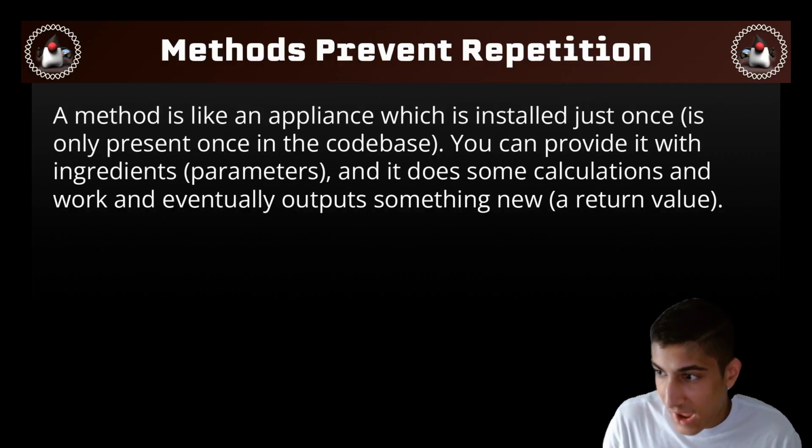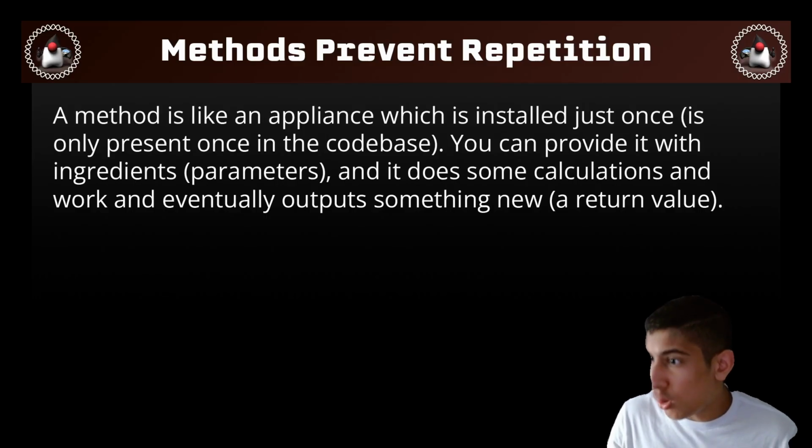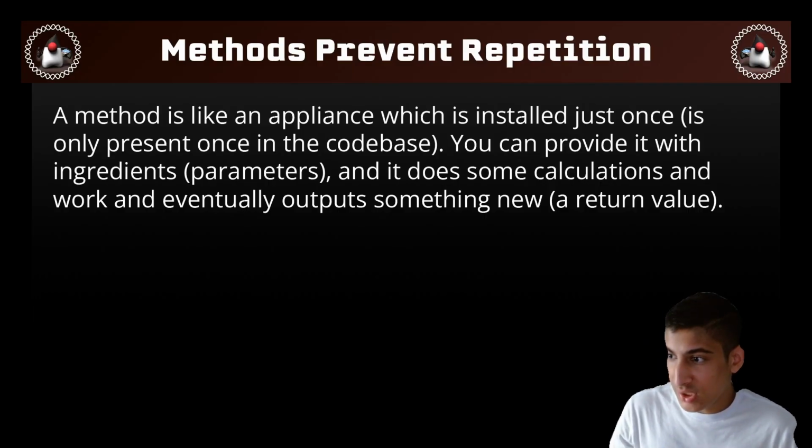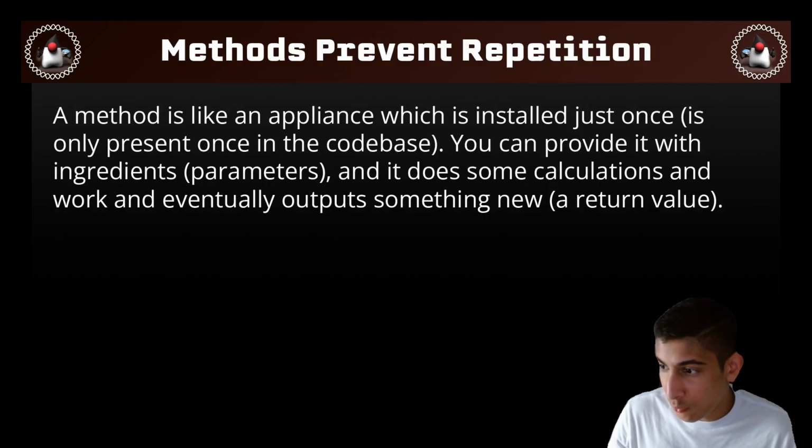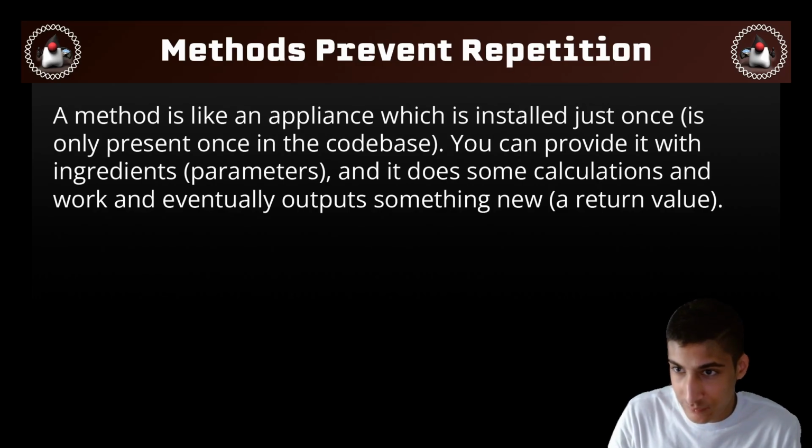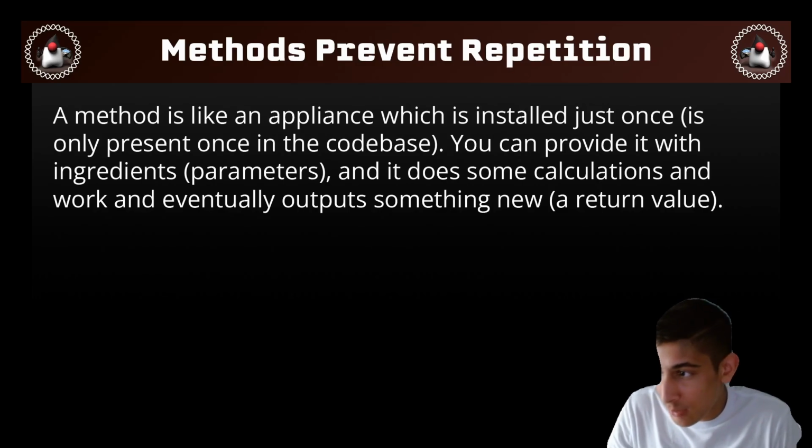As an analogy, a method can basically be thought of as an appliance in your house. You install it just once, so that means a method in the code base is only there one time, not multiple times like how we had it before in the tax calculation program.